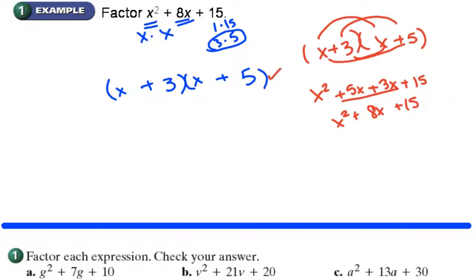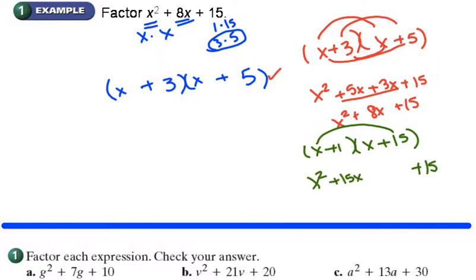Now, let's say for devil's advocate's sake that we had done x plus 1 times x plus 15. Well, x times x is x squared, and that works. 1 times 15 is 15, so that works. But let's do the outside. X times 15 is 15x.